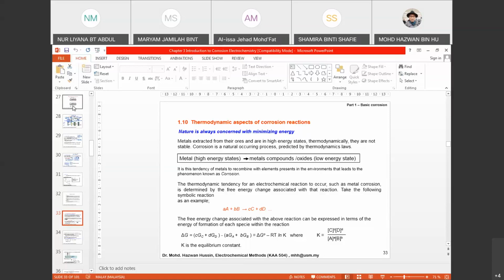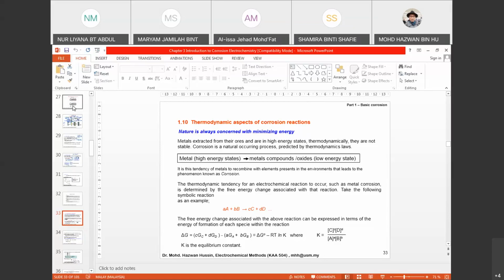When you have produced these pure metals, it is thermodynamically unstable, and it tends to return back to its more stable condition. In this case, pure metal tends to react with the environment to form metal oxide or so-called rust. And the process itself is known as corrosion.